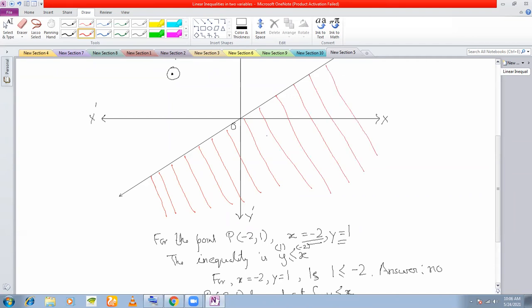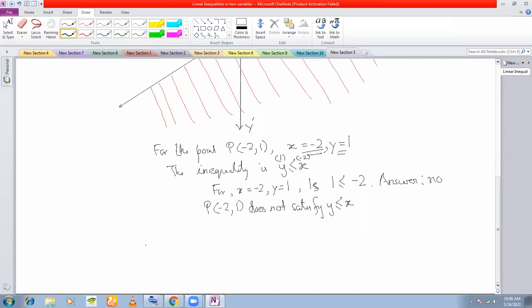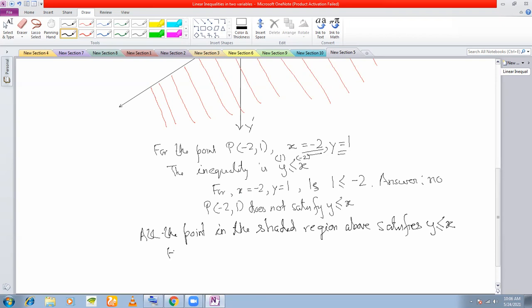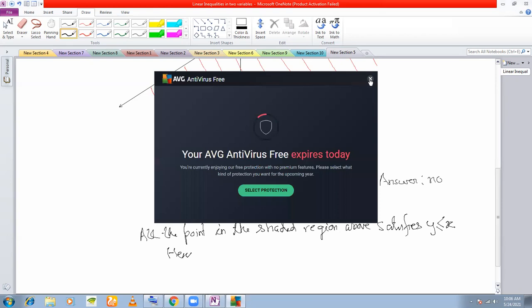So all the points lying in this shaded region will be the solutions of the inequality. So your answer will be: all the points in the shaded region above satisfy y less than or equal to x.